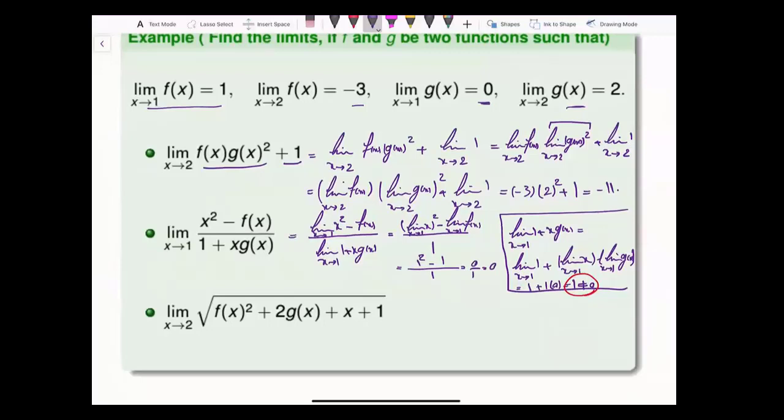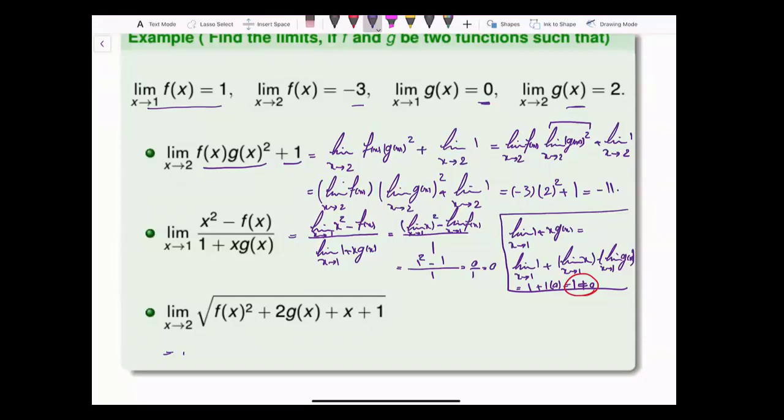And this last one is called the root law. It says that as long as you can put the final result under that square root or that root, you're good to go and just switch the root and the limit.